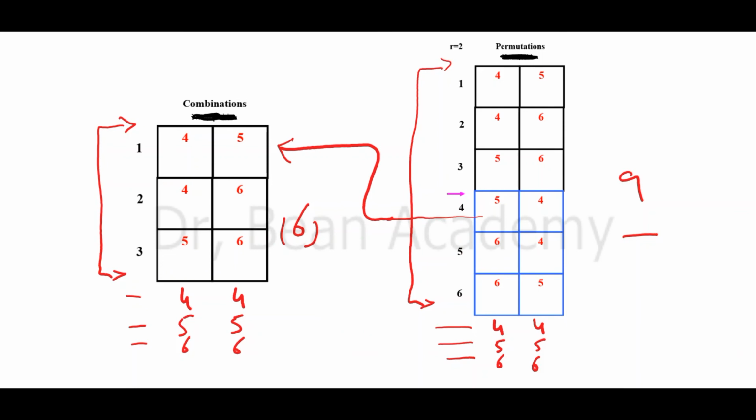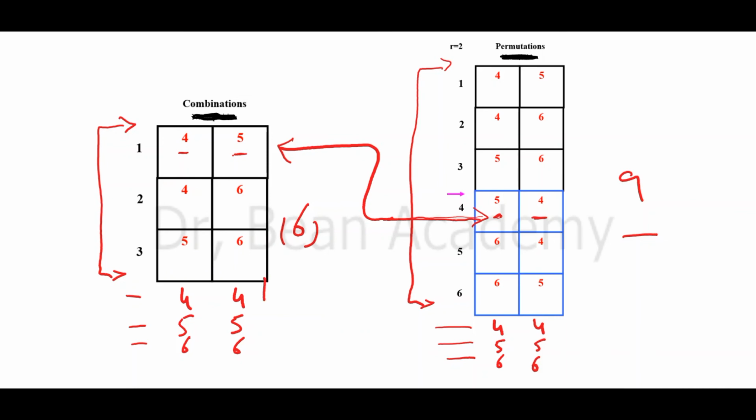For example, 4 is on the left and 5 is on the right, but if I give it an arrangement where the 5 is on the left and 4 is on the right, a combination will not take it. A combination only cares that I have digit 4 and digit 5 in my boxes. It doesn't care in which box is 4 and which box is 5. As long as it has 2 digits, 4 and 5, in its 2 boxes, that's enough.